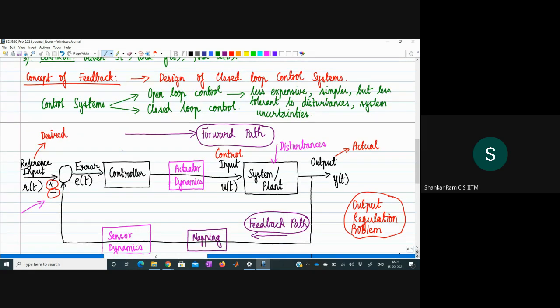So the primary focus of this course would be, let me not put an arrow, circle, right? So the question becomes, we are given a plant or a system. Let's say in the example that we are considering, a vehicle whose steering has to be controlled. How do we design the controller so that the closed loop system should be stable and should meet some specific performance requirements?